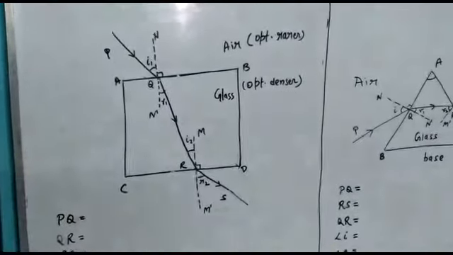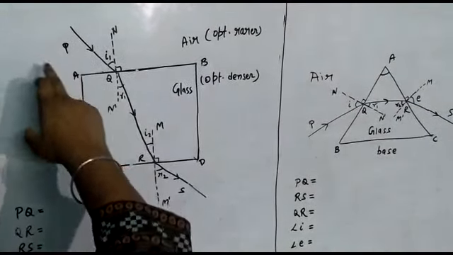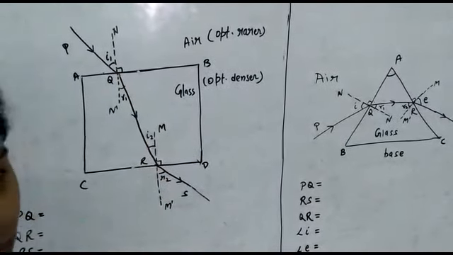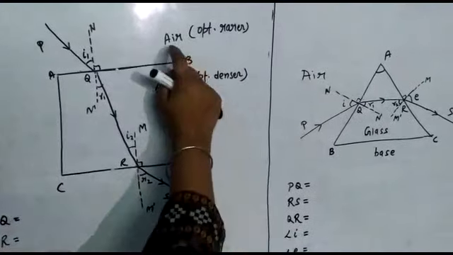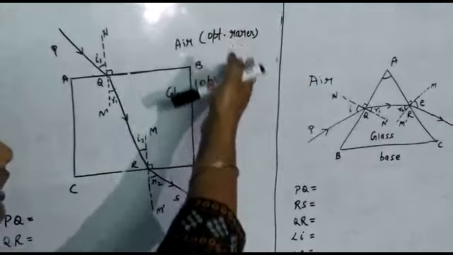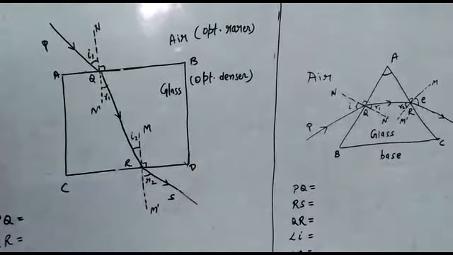As I told you earlier, in case of refraction, when light goes from one medium to another medium, it bends. Here we have air and this is glass. Air is an optically rarer medium because its refractive index is less than that of glass, and glass is the denser medium.